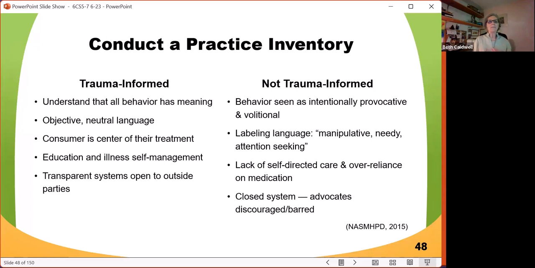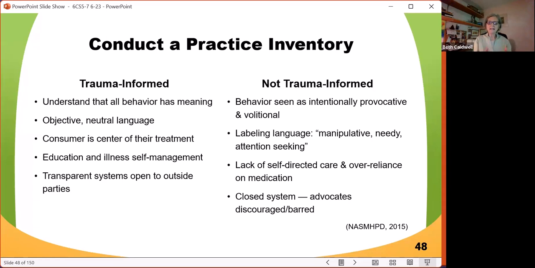Think about consumers as the center of their treatment. At a Connecticut hospital, the staff start every morning, two or three of the staff, including the therapist and the head of the unit, and they all meet with each individual person served, and they start out their morning by saying, how can we best support you today?